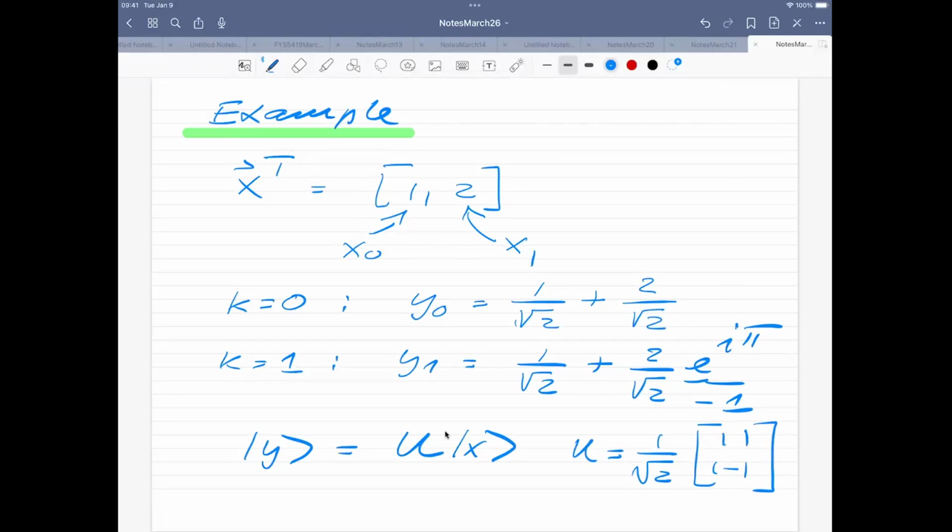We also know that if I take U times U dagger, that is given by the 2 by 2 identity matrix. So you can think of this as an orthogonal transformation. And that's what these discrete Fourier transforms actually are.